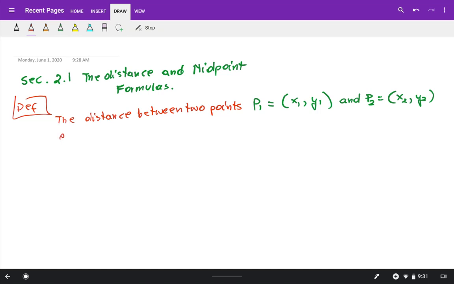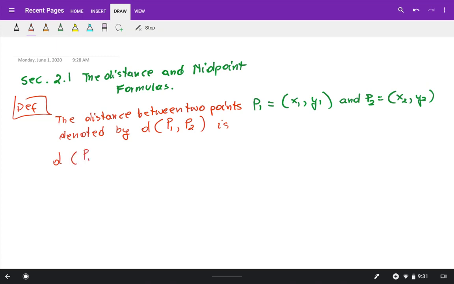Denote by d, which stands for distance, in parentheses P1, P2. So we read that as the distance between points P1 and P2 is, and this is the distance formula.